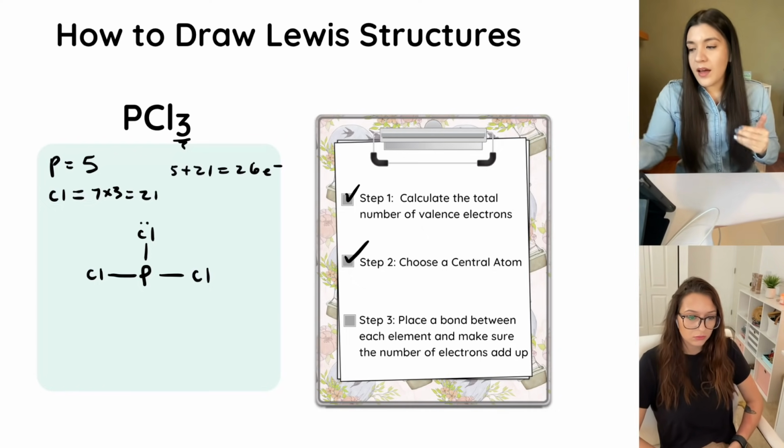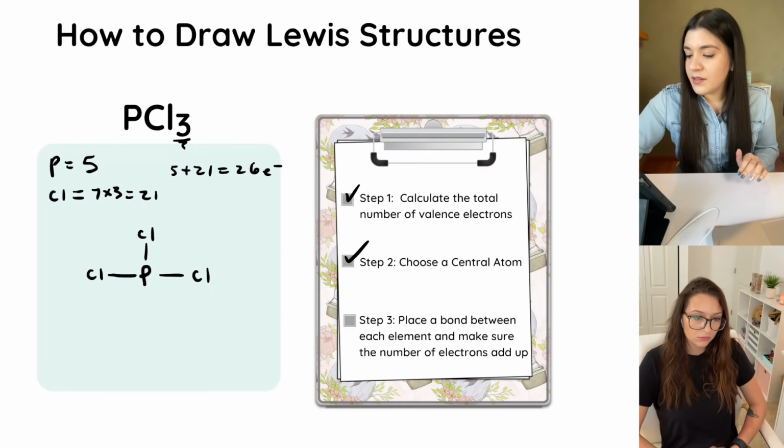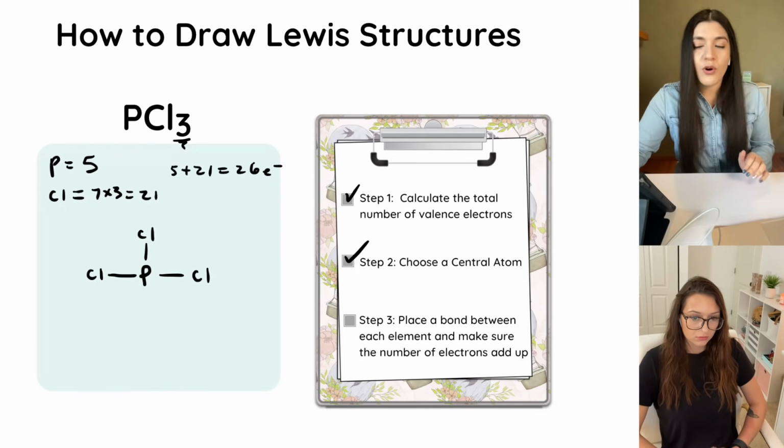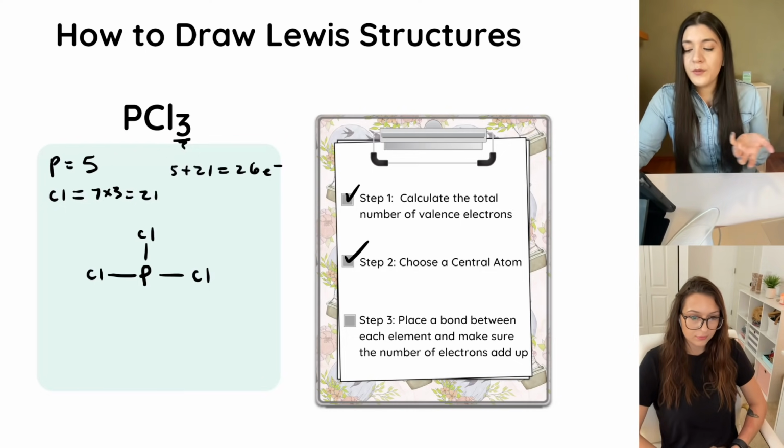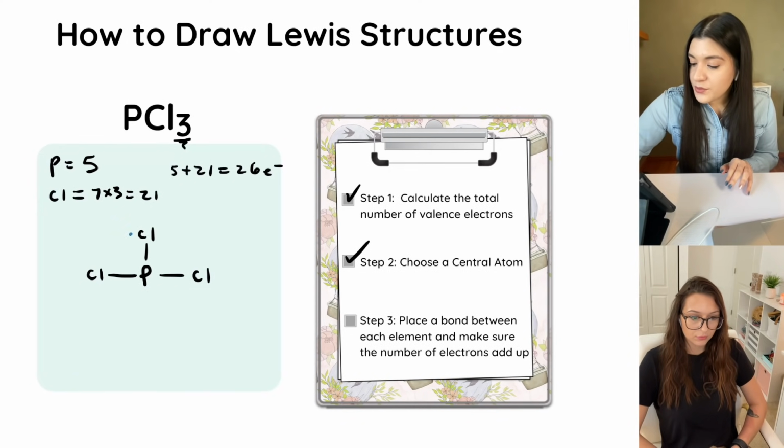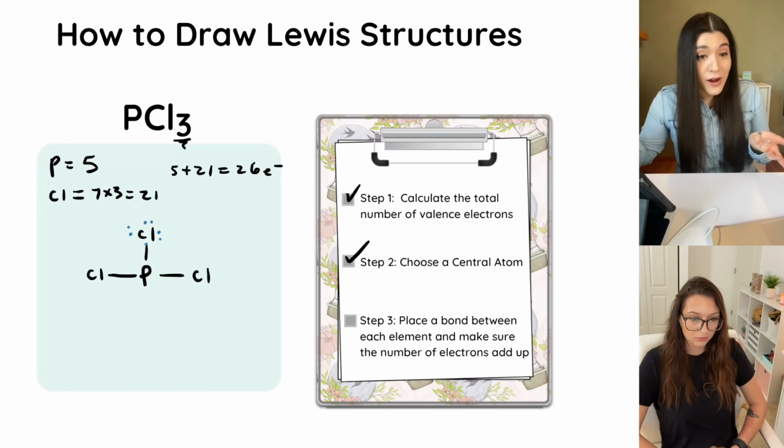So let me show you this again. Just in the very beginning, I will draw the actual Lewis dot structure. So for chlorine, we said there are 7 valence electrons. So I'll say there's 1, 2, 3, 4, 5, 6, and 7. And I would do the same thing for every single one.